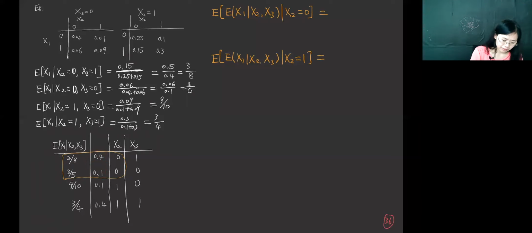So we have 3/8 times 0.4 divided by 0.5, where 0.5 is the marginal probability for x2 equals 0, plus 3/5 times 0.1 divided by 0.5.